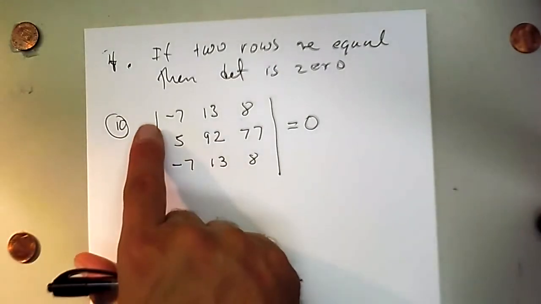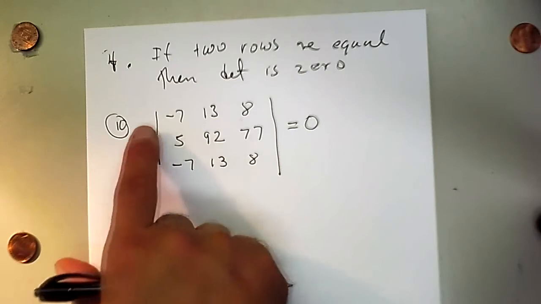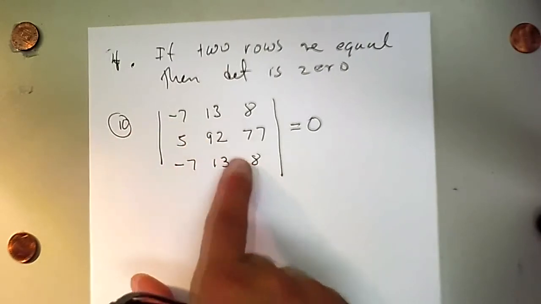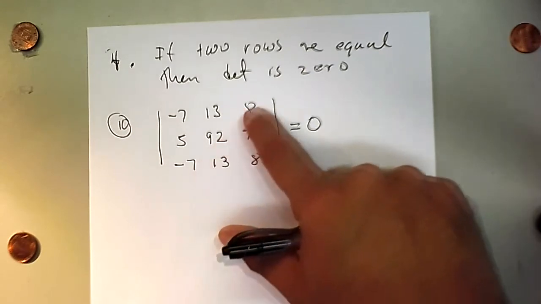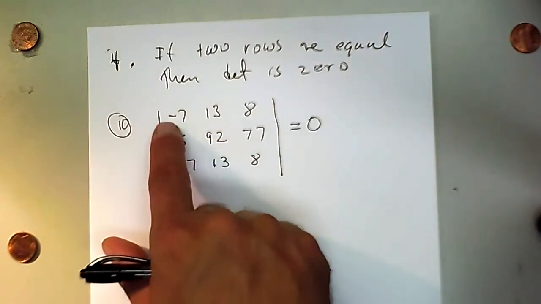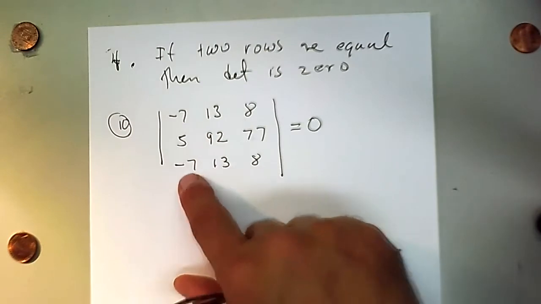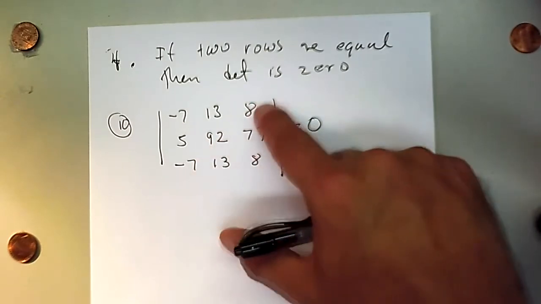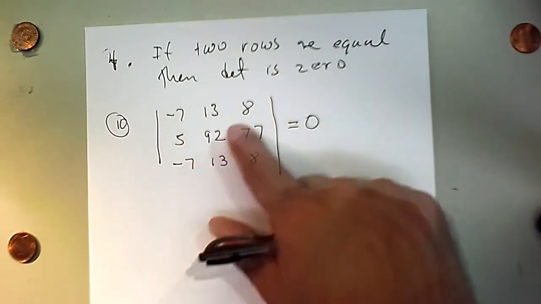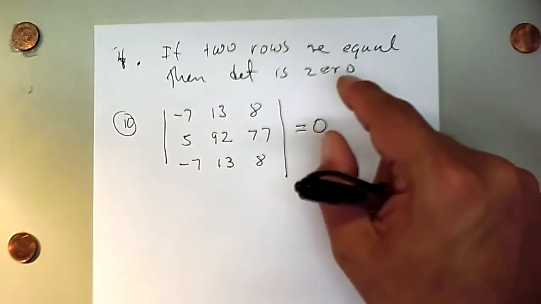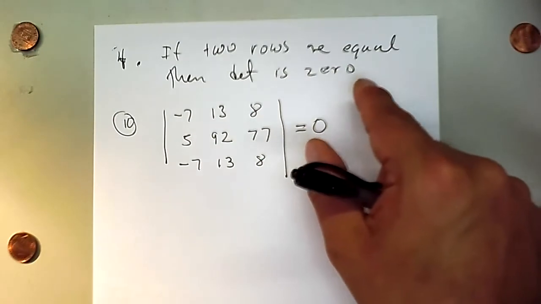And the reason is because, okay, we're going to have this product, for instance, but then that product is going to repeat this way, because -7, 92, 8, -7. When we pick this number, we're going to do the same product. Invariably, one is going to be positive while the other one is going to be negative.